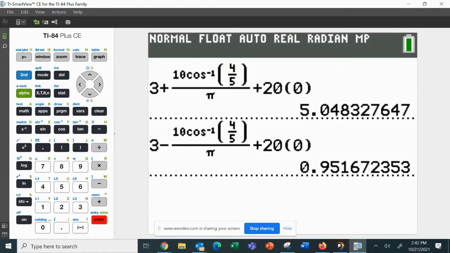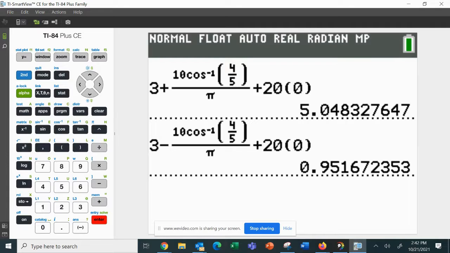If I were to make my K value 1, that would mean I would take each of these and add 20 to it at the end. Those would both be positive. If I were to make my K value -1, so basically if I subtracted 20 from each of these, I would get negatives. So these have to be the first 2 positives.